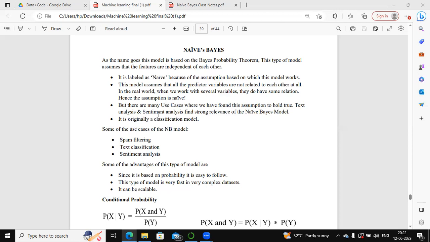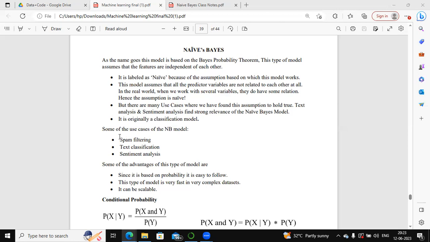Text analysis and sentiment analysis find strong relevance of the naive Bayes model. It is originally a classification model. Some of the use cases of naive Bayes are spam filtering, like considering whether an email is spam or not, so filtering the spam mails.